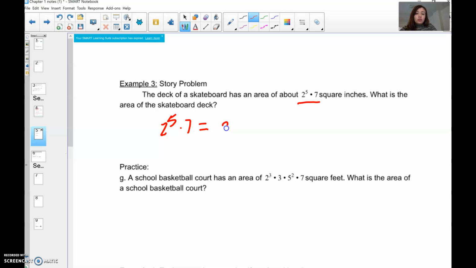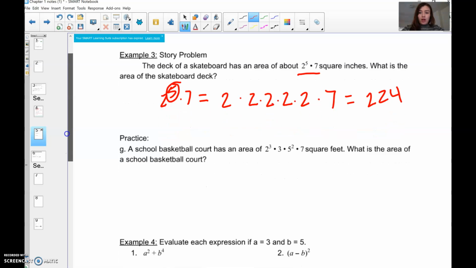Or you could do 2, how many times? 5 times. 2 times 2 times 2 times 2 times 2. 1, 2, 3, 4, 5. And don't forget that 7. So our answer for that is 224.